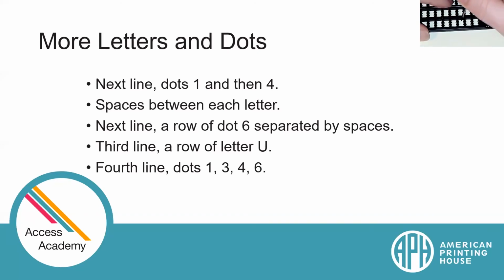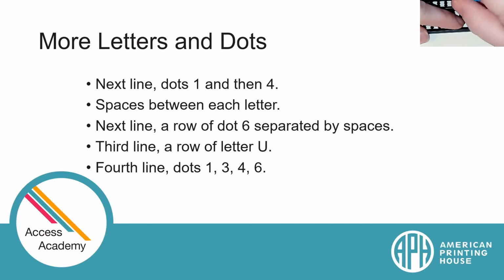So 1, 3, 6, letter U. After you've done your third line, do your fourth line as 1, 3, 4, 6. Does anyone know what 1, 3, 4, 6 might be?